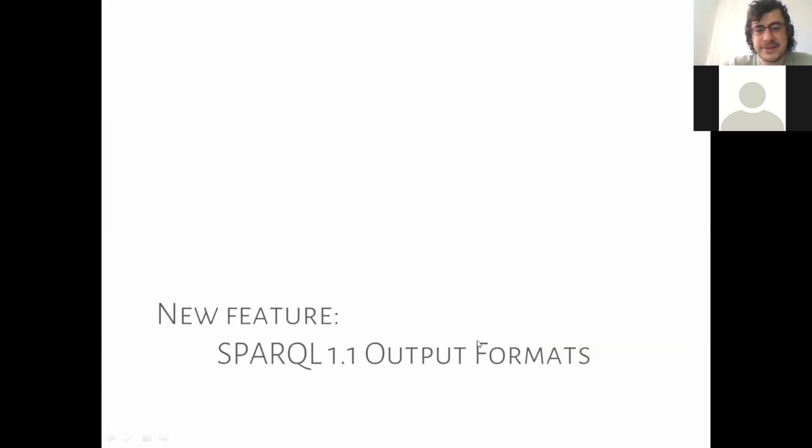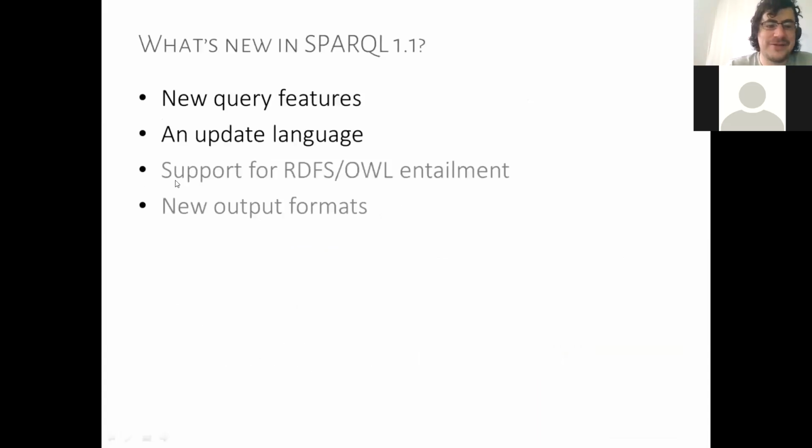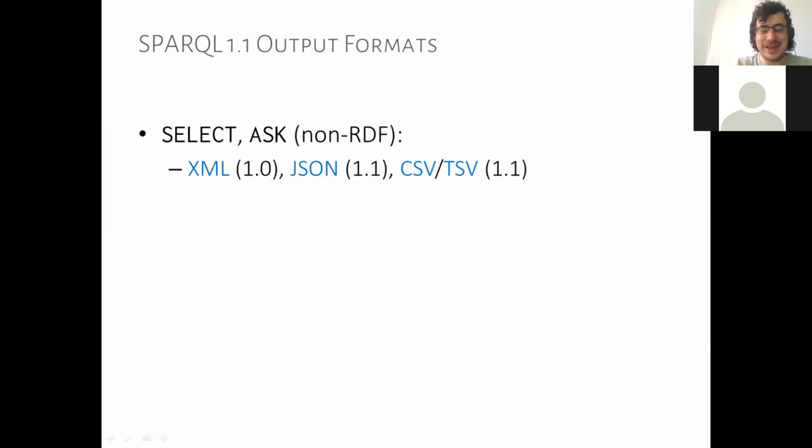So the last new feature of SPARQL 1.1 are some new output formats, which is cool, nice for developers, I would say, but maybe not so interesting to talk about. But briefly to mention that for select and ask queries, we can now return data not just in an XML format, but also in JSON or CSV, comma separated values, or tab separated values.